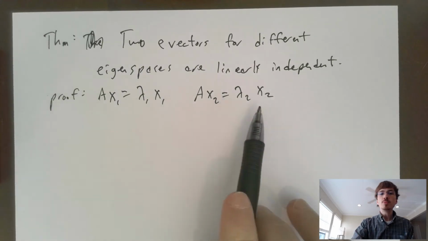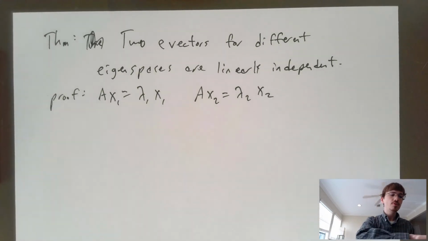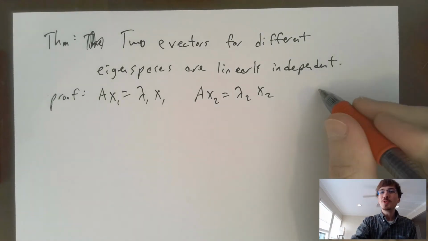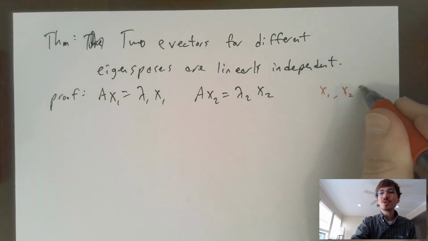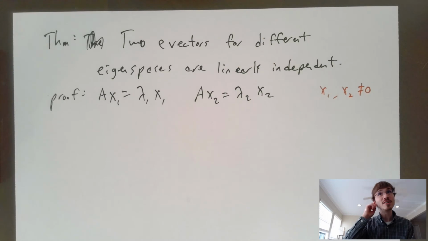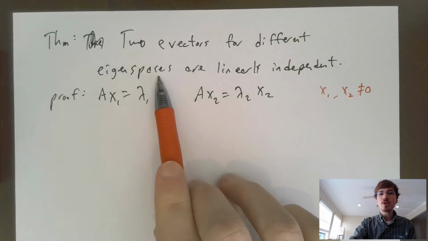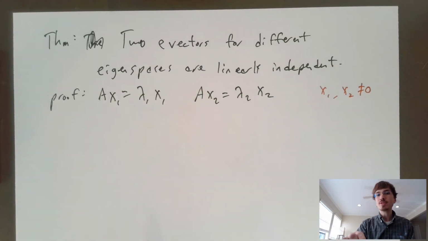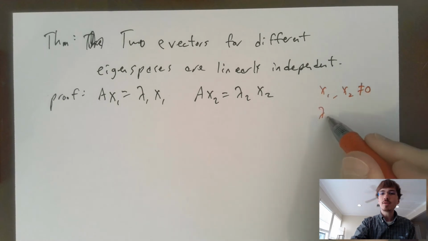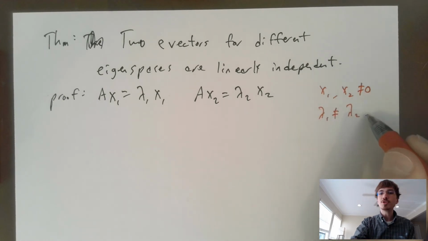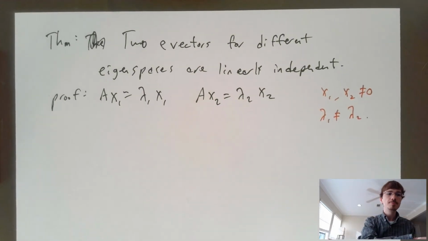And what do we know? Because they're both eigenvectors, we know that x1 and x2 are not 0. And we also know that they correspond to differing eigenspaces. So that means that lambda 1 is not equal to lambda 2.